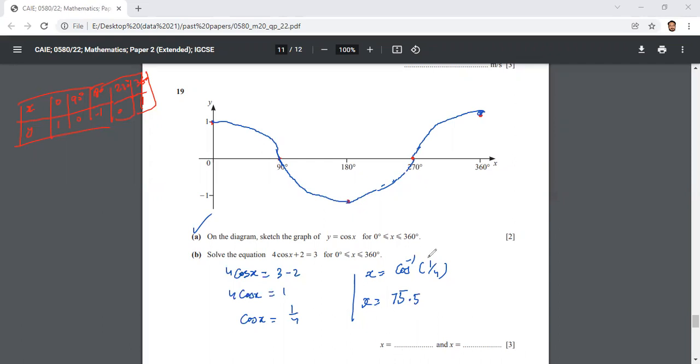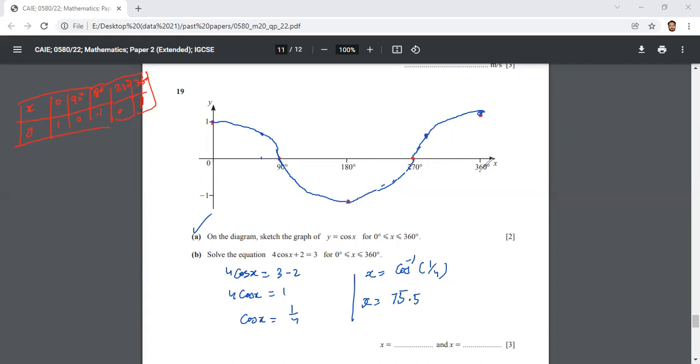Now you see cos is positive in which quadrant? Of course, in the first quadrant it is positive, and we find 75.5 somewhere here, very close to 90. You can get the same value not between 90 and 180, or 180 and 270, because there all values are negative. You can get it between 270 and 360, somewhere here.